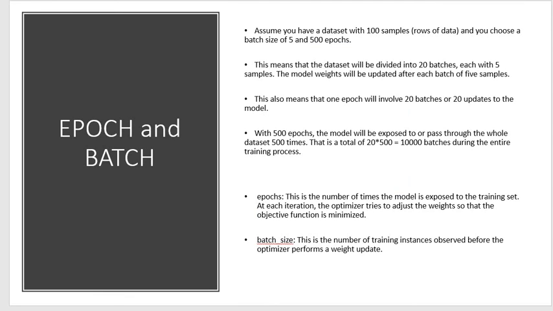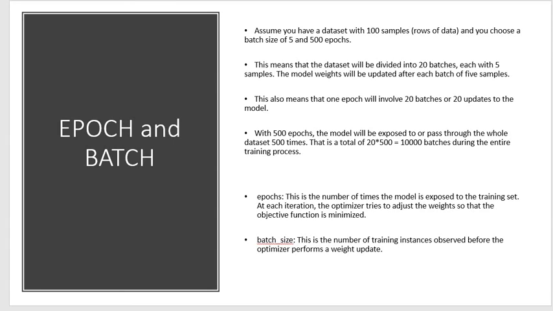Now let's understand two important terms, the epoch and the batch. This concept is very important because while we write the code, we should know what an epoch is and what a batch is so that we can choose sensible values. Let's assume you have a data set with 100 rows or 100 records.